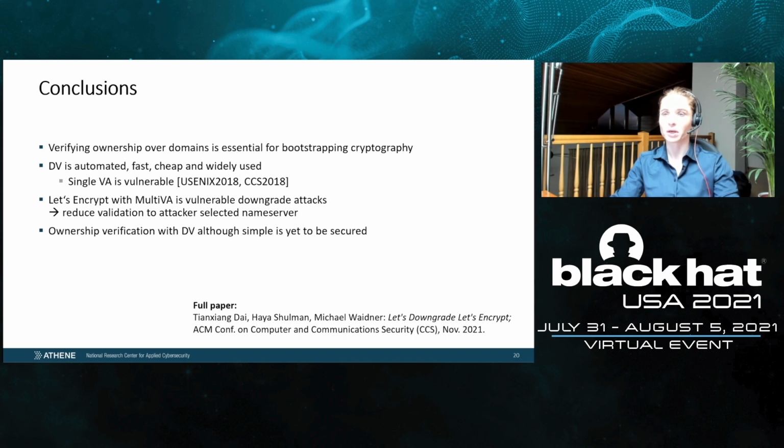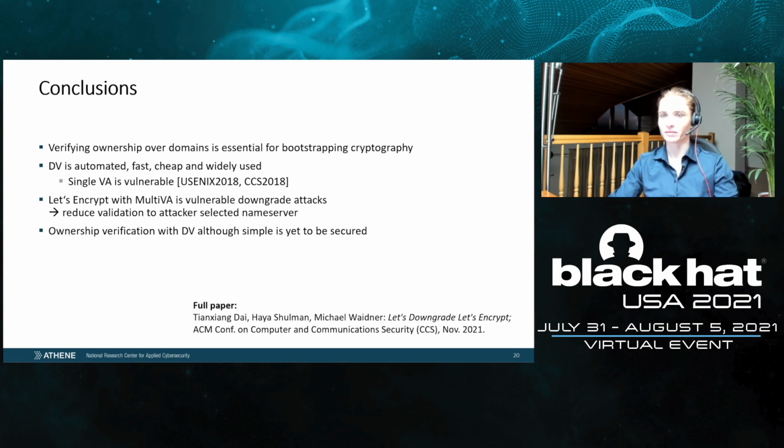Now, in this work, we showed that distributed domain validation that Let's Encrypt deployed to ensure security even against on-path adversaries is still vulnerable even against the weaker off-path adversaries. We developed off-path downgrade attacks to reduce the domain validation to be performed against a single attacker-selected server. And in our case, we used a server which can be sub-prefix hijacked.